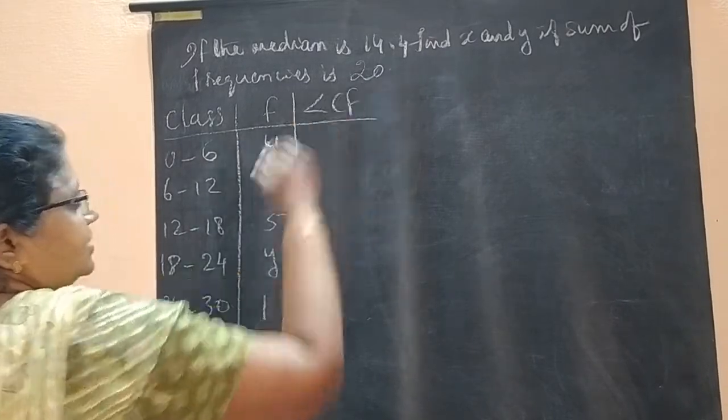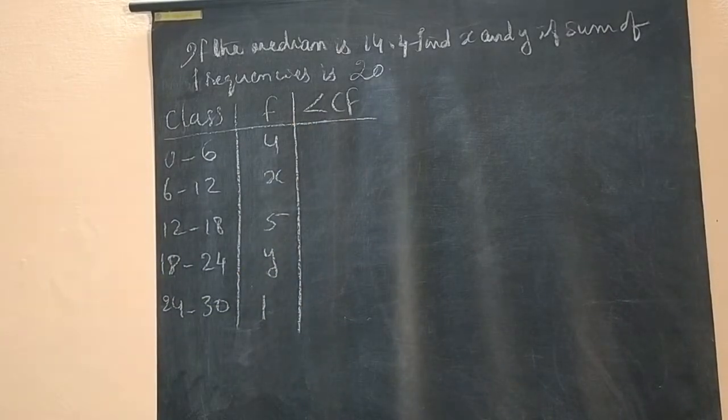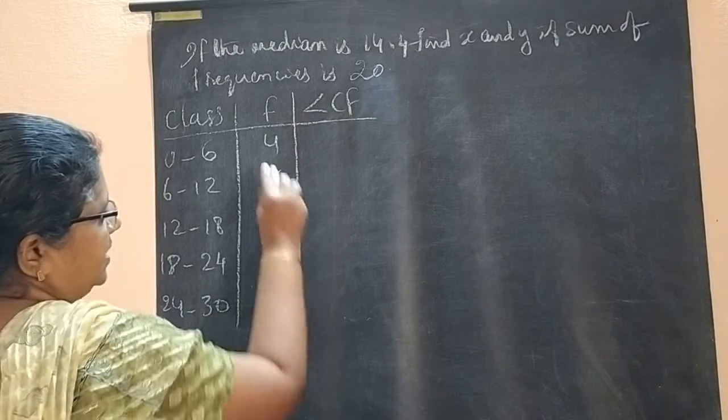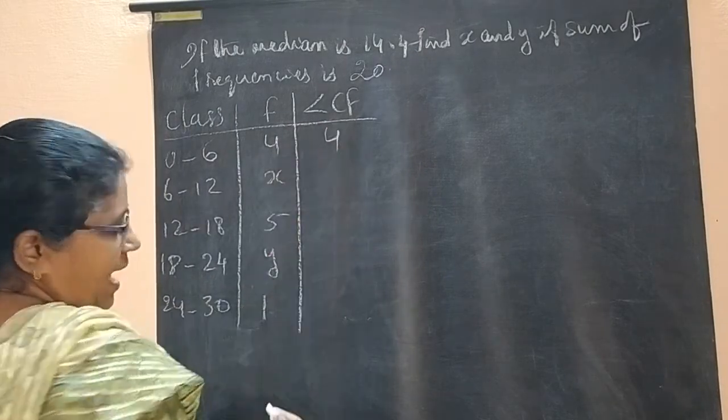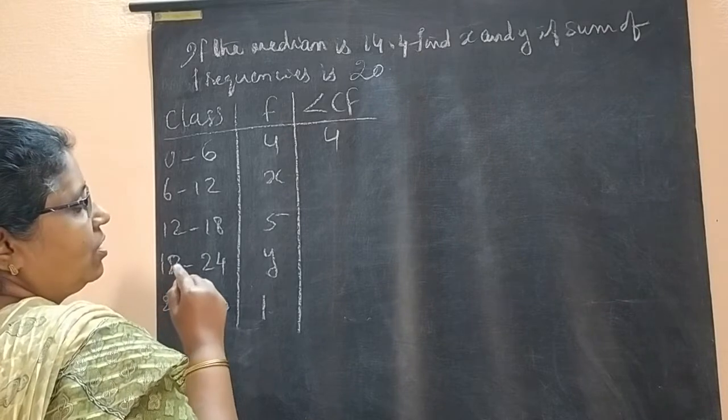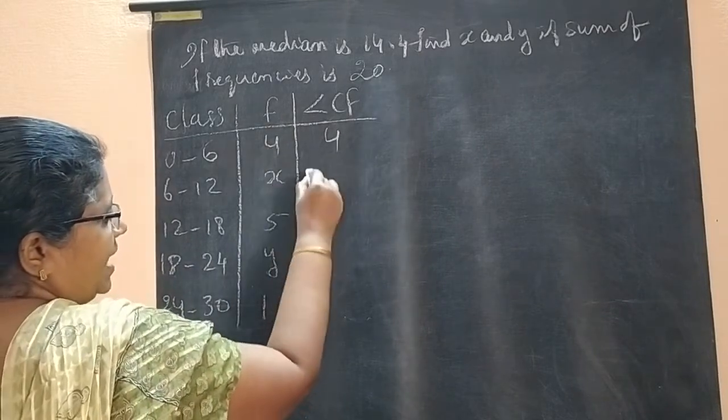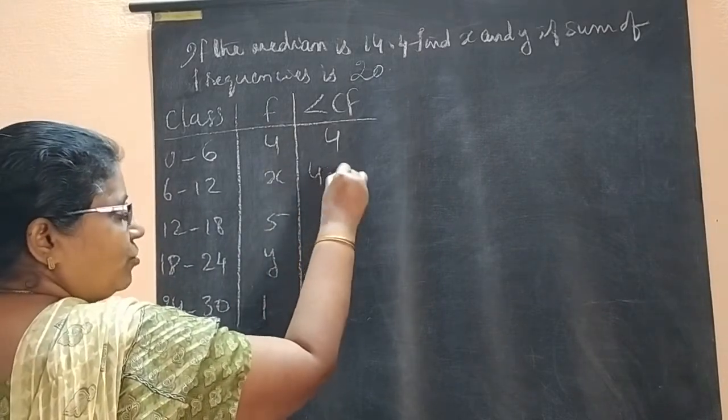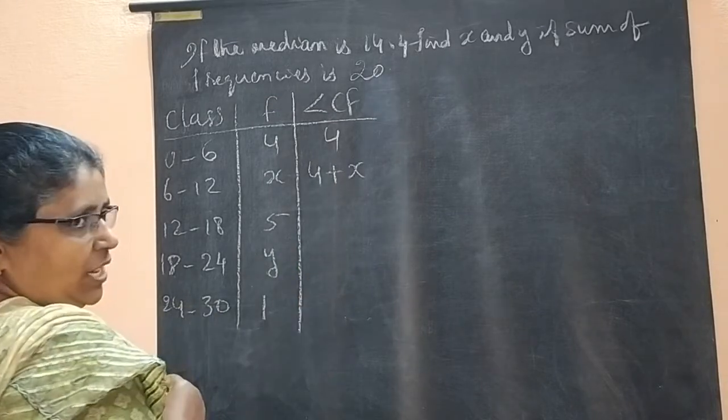It is called less than CF. Okay. So for finding less than CF, first one we have to write as it is. Next going on adding. 4 plus x, we can't write 4x, it is 4 plus x only.